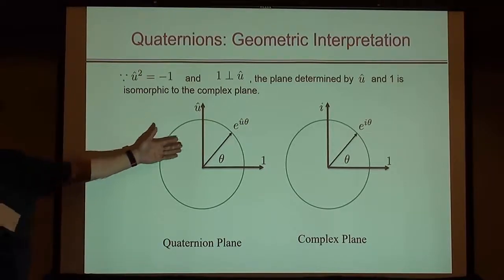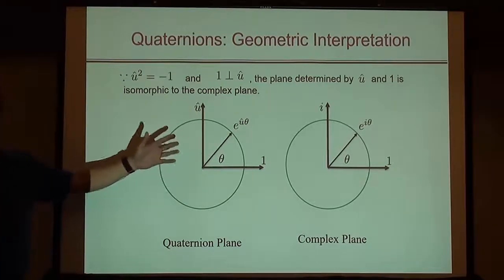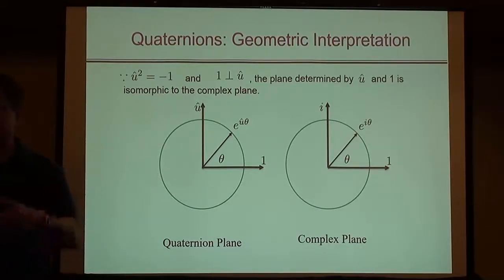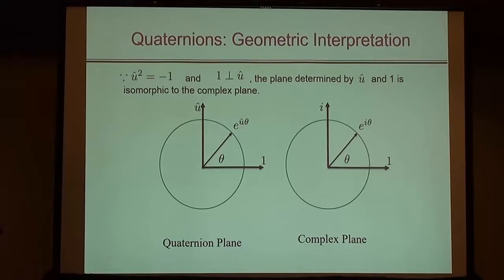So basically, you can view that in this particular case, a quaternion is just a 3D representation of a complex number operation. There's nothing new there. But you do have something new: if you have a vector in this plane and the quaternion is not in the same plane, then you have a truly 3D operation.